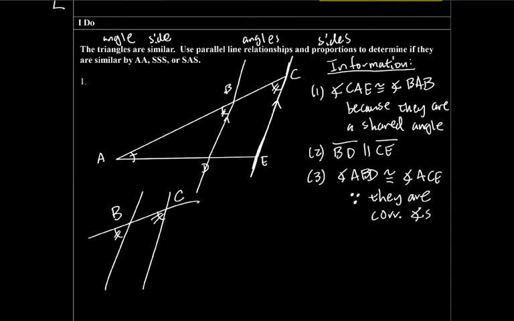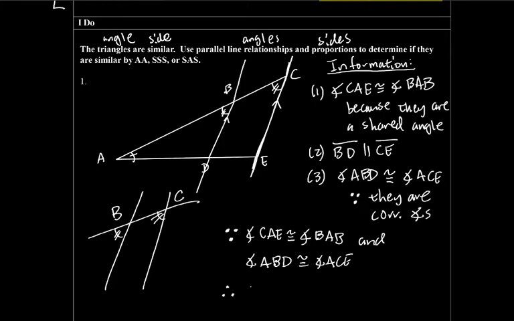You can write it that way, corresponding angles. Okay, so do we need any other information? Actually, no. Because, so now you can write because angle CAE is congruent to angle BAD, and angle ABD is congruent to angle ACE.